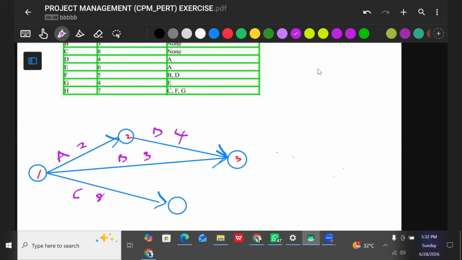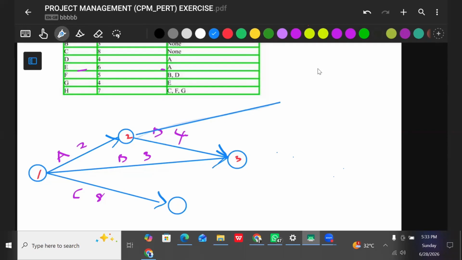Then the next activity is activity E. Activity E again begins from A. Activity E starts from activity A. So we move this way. Sorry, I'm using the wrong color. We move this way.